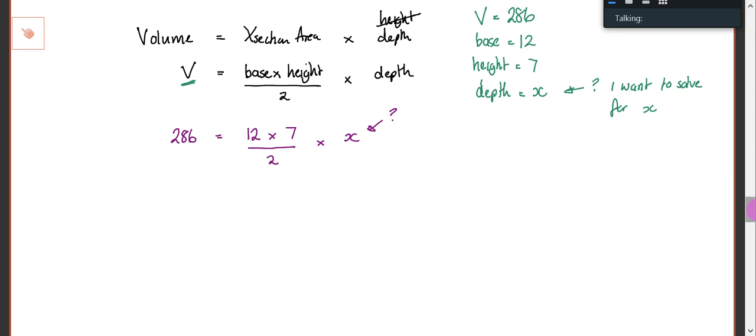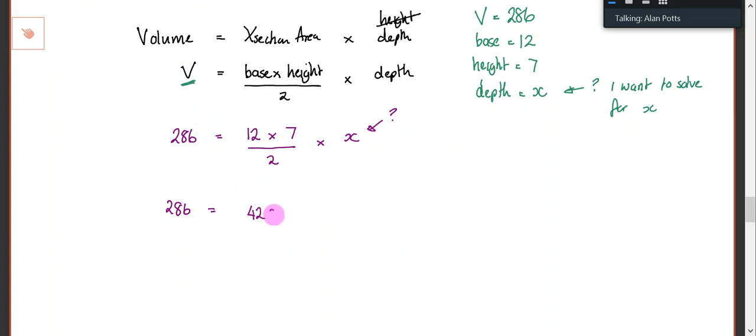So what can I do first? What would you do to make life a bit easier at the moment? Yeah, go for it. What's the answer? The answer is 42. Because it would be 6 times 7. I was just going to write that. So 42 times x.